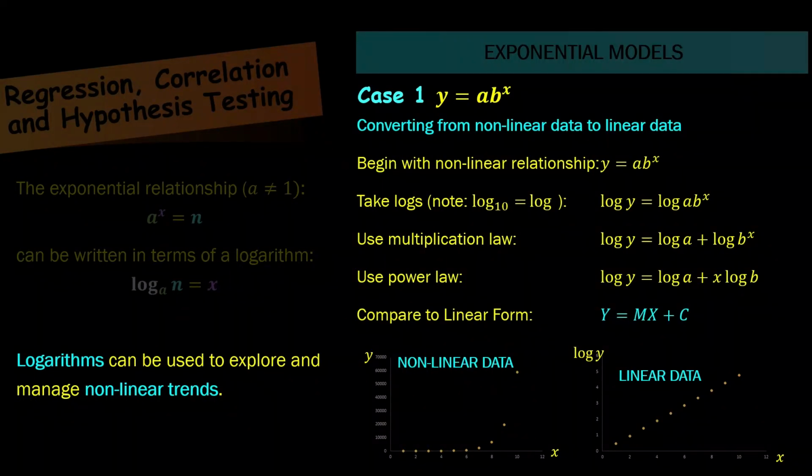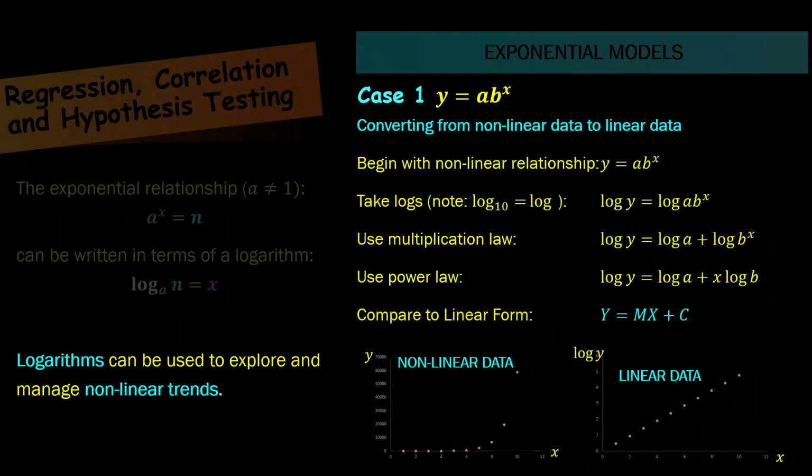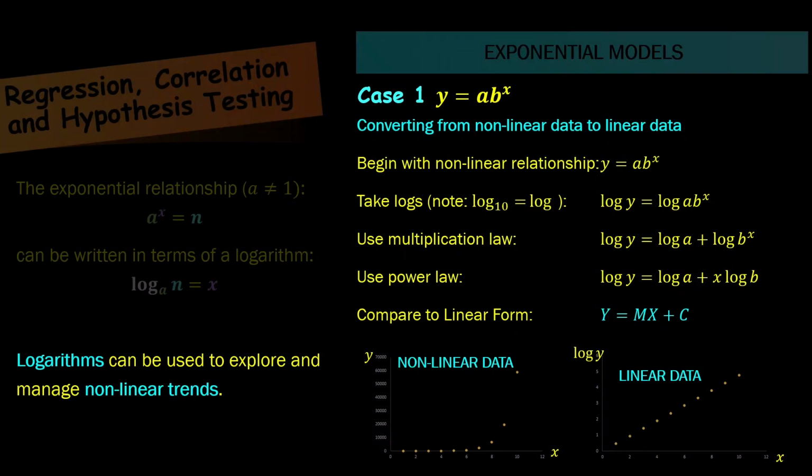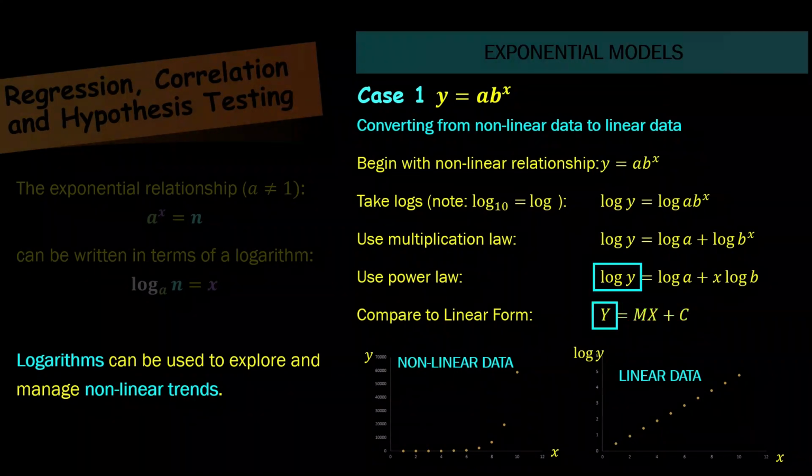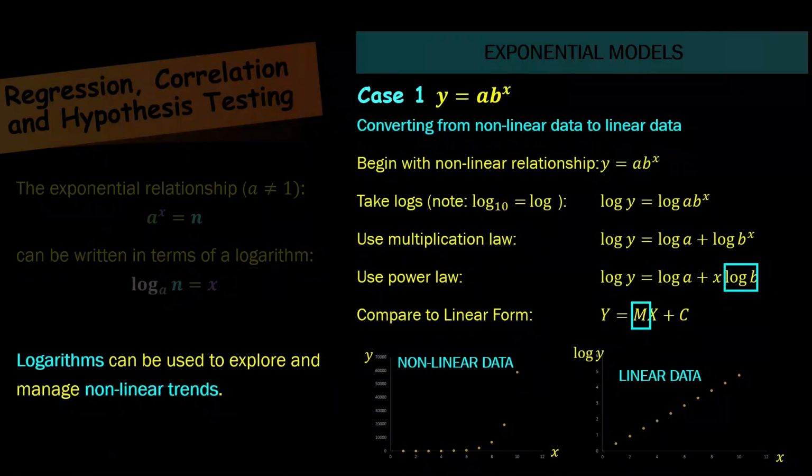And now compare to the linear form, y equals mx plus c. The capital Y equals log y. This is the dependent variable. The capital M, or the gradient, is log b.